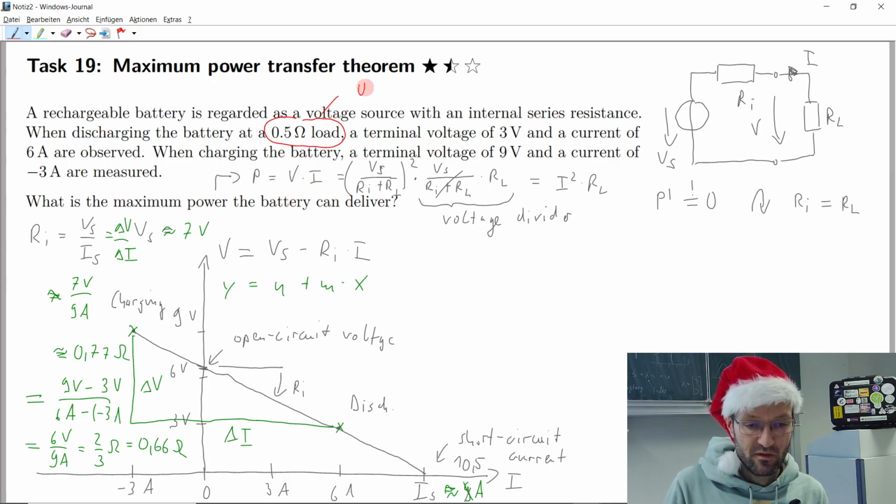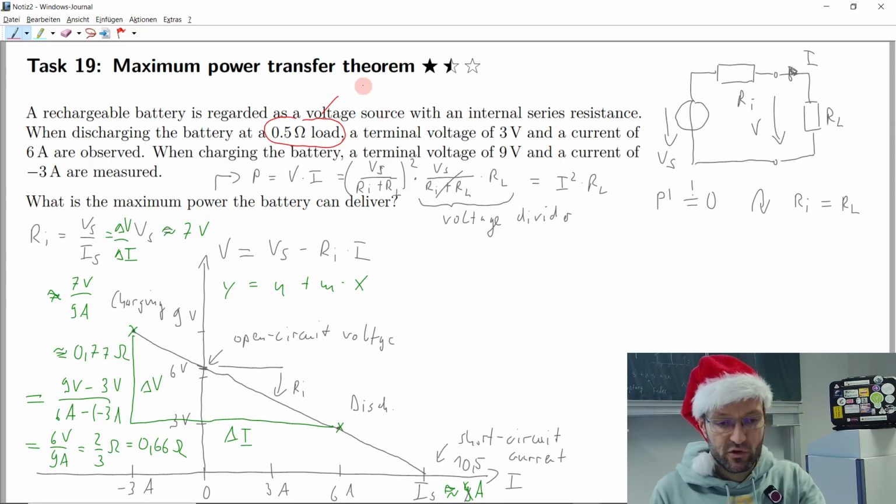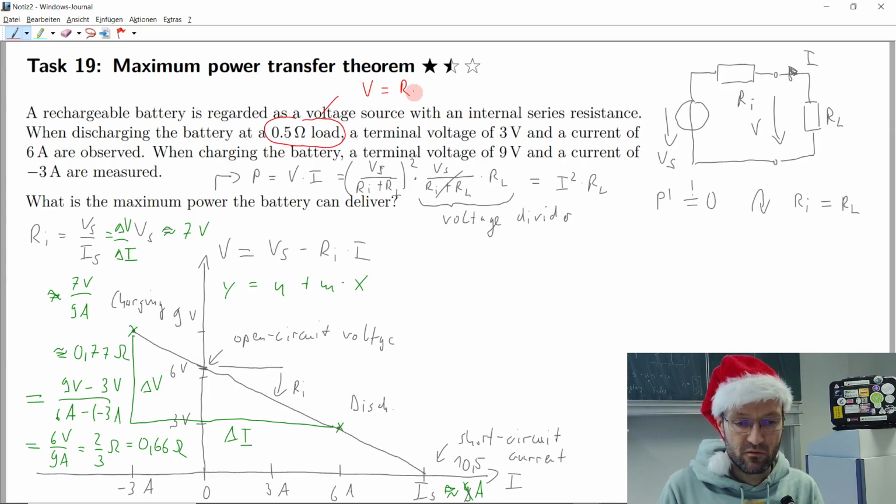voltage is load resistance times current. If we draw this into our schematic that we have here at the bottom, how would a curve like this look?